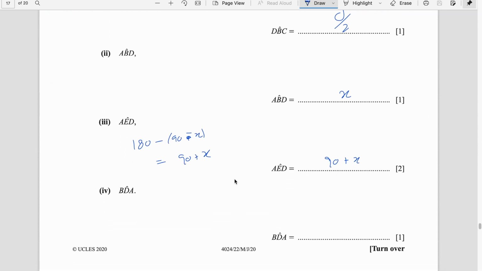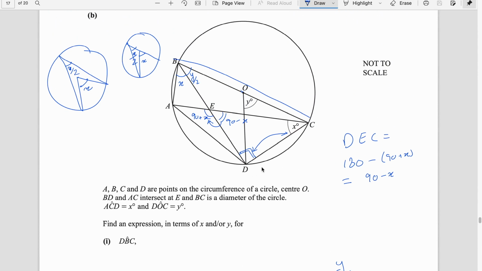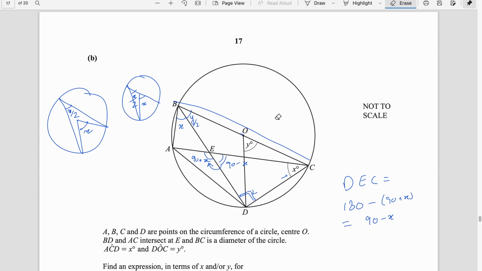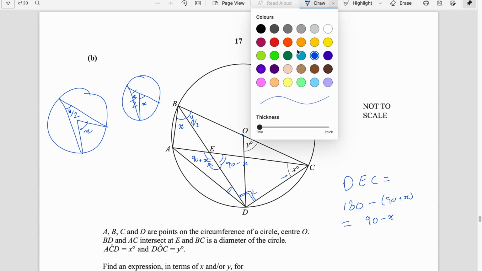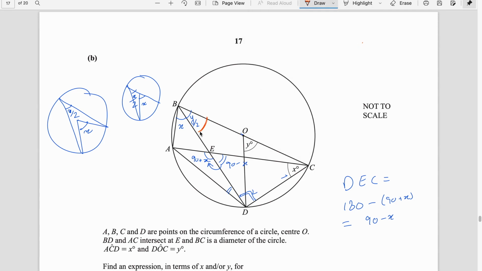Last part says find BDA. So BDA for this angle we can use this. Let me change the color. If you see y by 2, you can copy it right here as angle in same segment, and segment is DC.